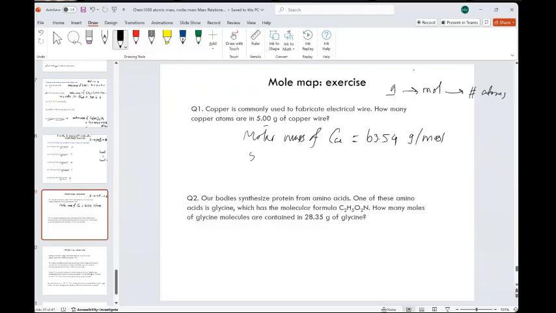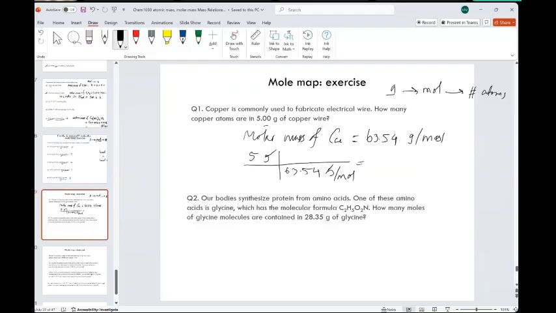So 5 gram divided by 63.54 gram over mole. Gram cancel out.